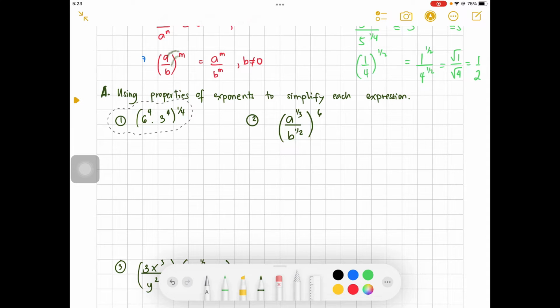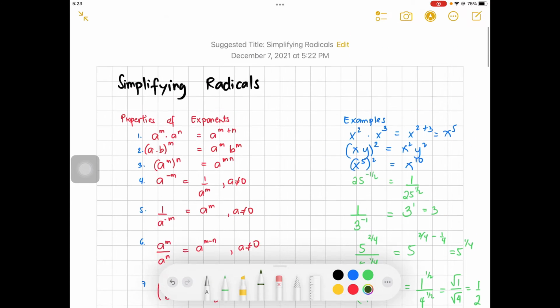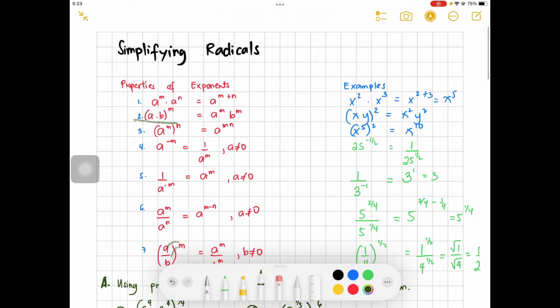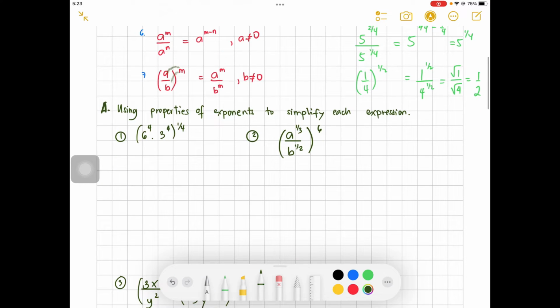So we are going to apply several properties of it. The first that we are going to apply is this property. So we distribute the exponents. The result will be 6 raised to 4 times 1/4 times 3 raised to 4 times 1/4.